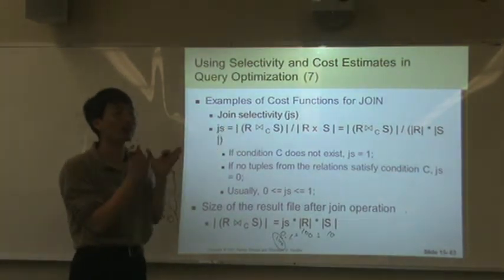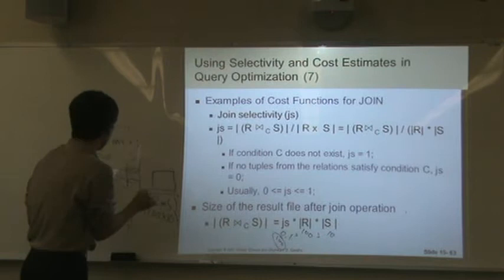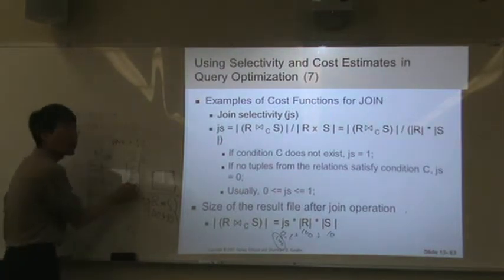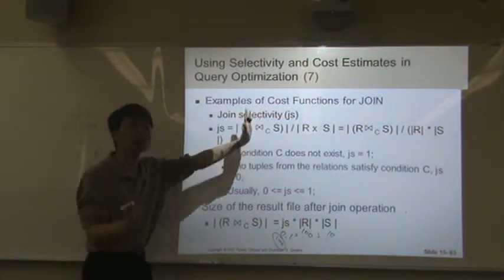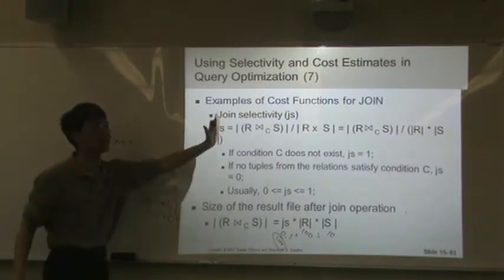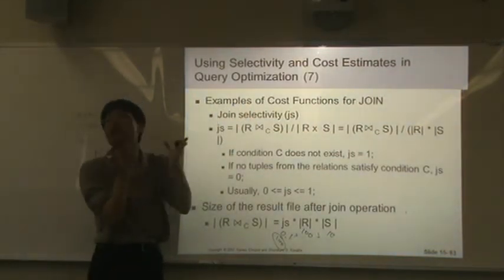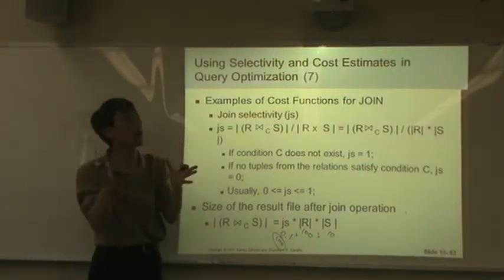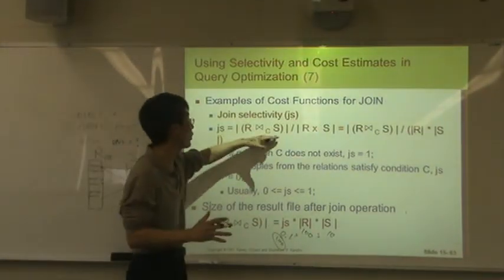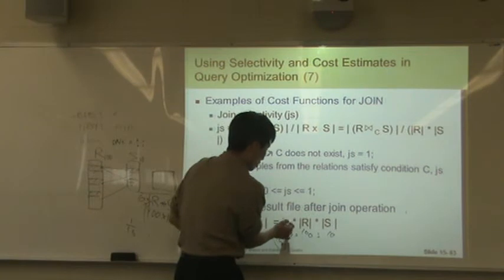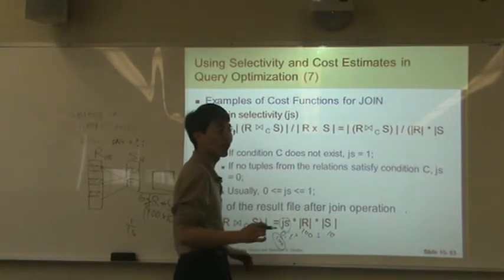What is the percentile? So, for example, if all of them are matched, it will be 1. If none of them are joined, it will be 0. On average, how many of them will be joined, from 0 to 1? To compute that, you should be invested.